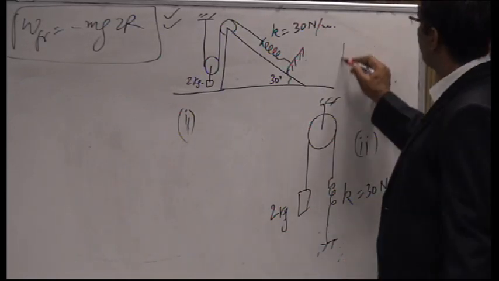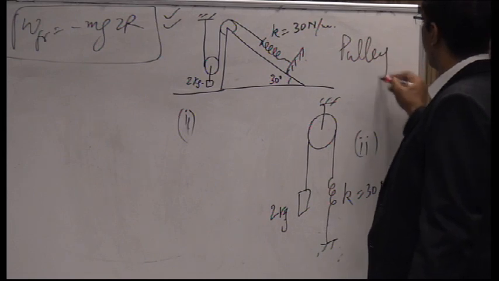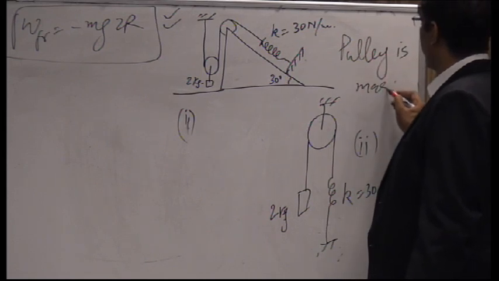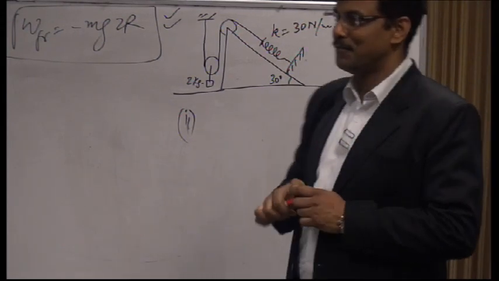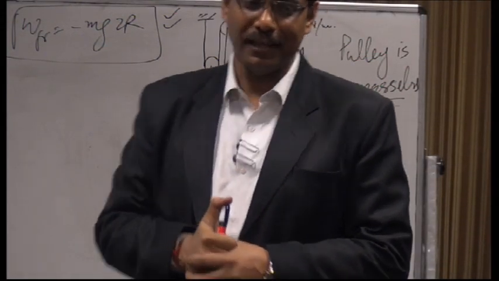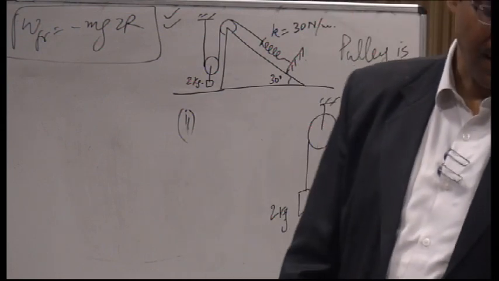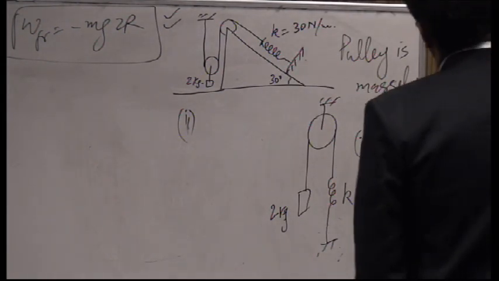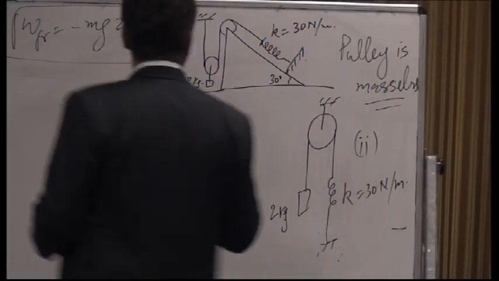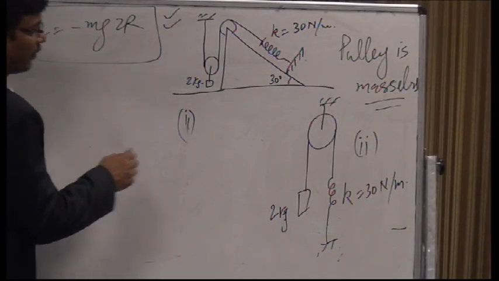It is given that the pulley is massless. Very soon the time will come when the pulley also has some mass. Then you will not be allowed to take tension the same on both sides. So find the extension in the spring in equilibrium.